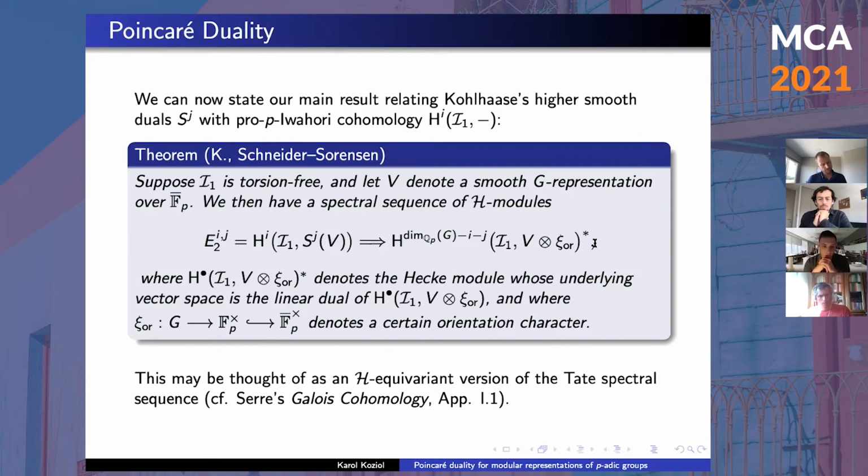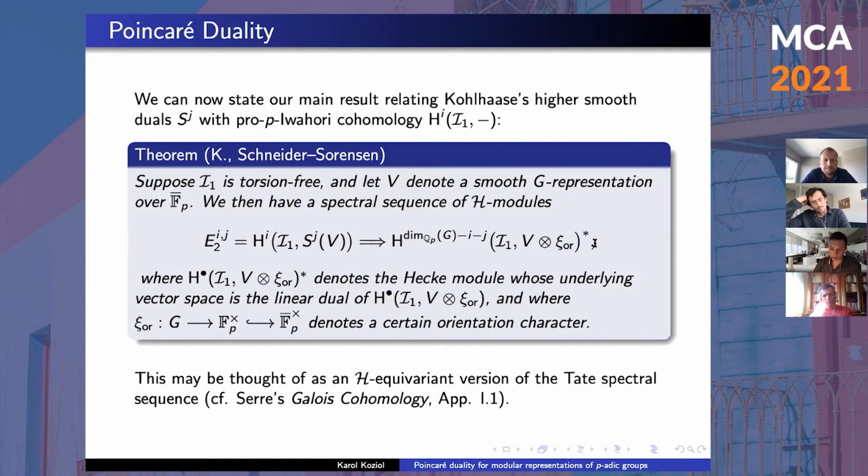The proof uses essentially results of Lazard and results about the cohomology of compact p-adic analytic groups with pro-finite coefficients. So there are a lot of things that have to be taken care of and worked with.